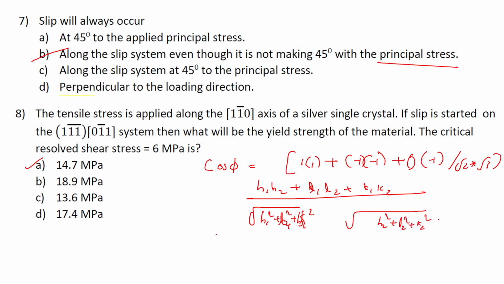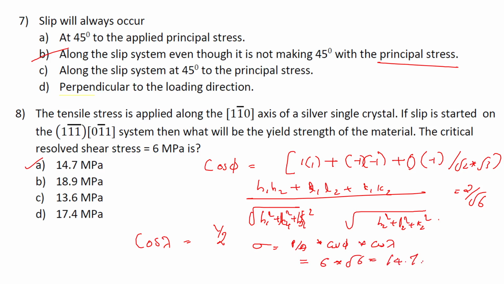Then you will get cos phi, so the answer will be 2 by root 6. Then similarly, if you find cos lambda, you will get 1 over 2. Then sigma will be P by A0 times cos phi times cos lambda. Substitute all the values, and it will be 14.7.